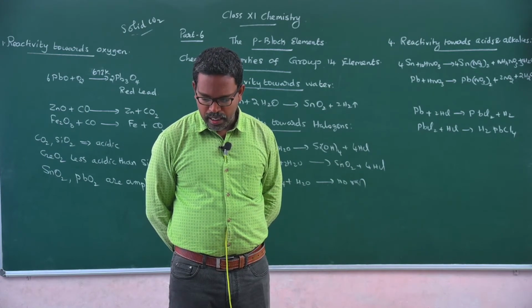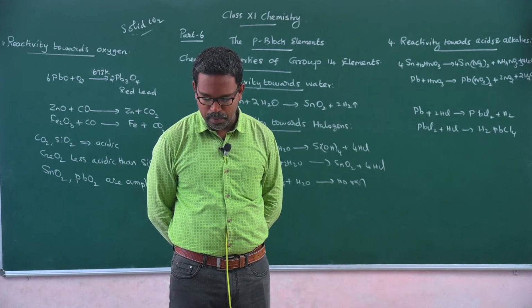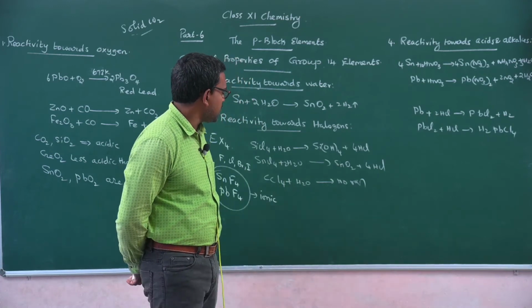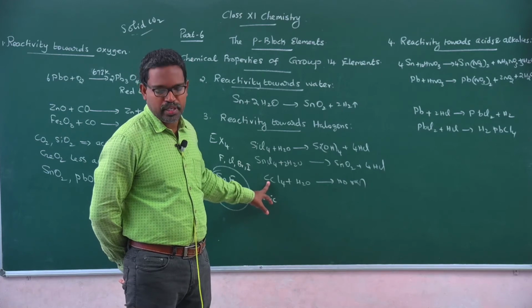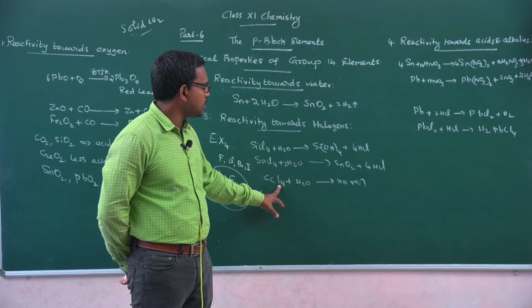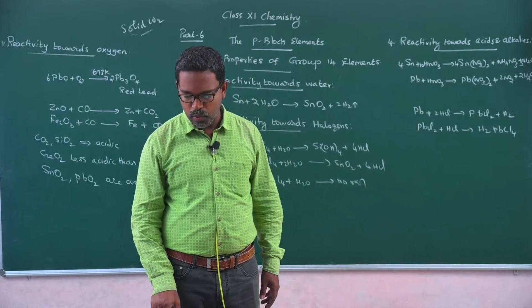Carbon tetrachloride cannot be hydrolysed, while silicon tetrachloride can be easily hydrolysed. This can be explained on the basis of the absence of d orbitals. In carbon tetrachloride, the carbon atom does not have any d orbital, and due to this lack it does not react with water.